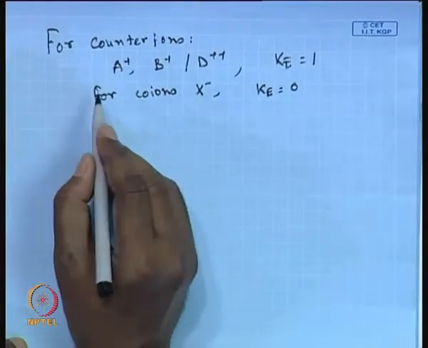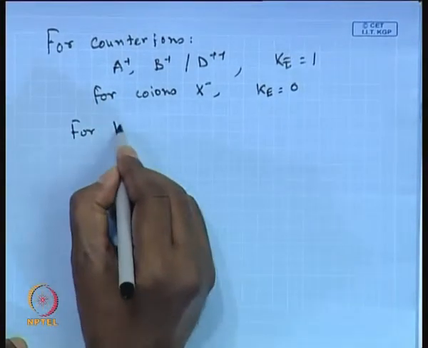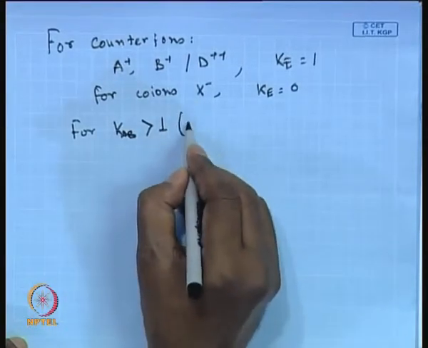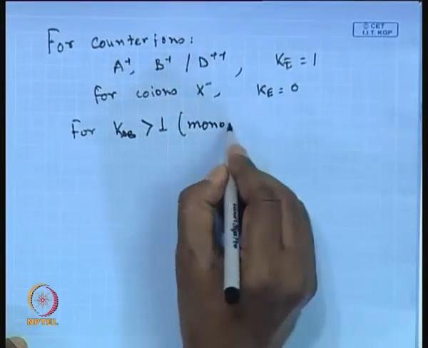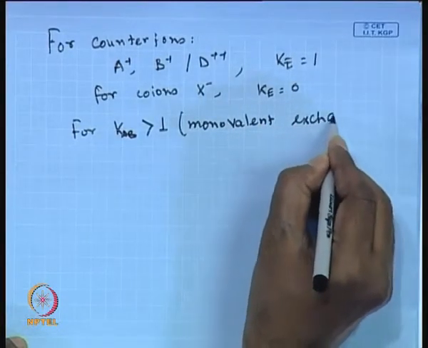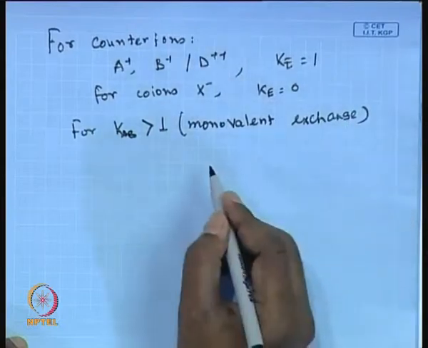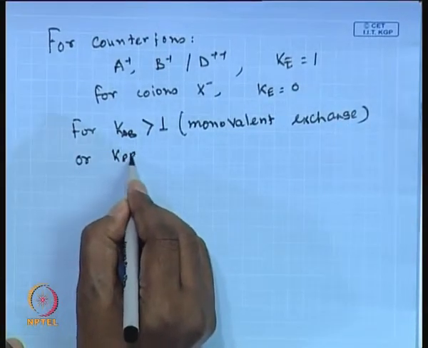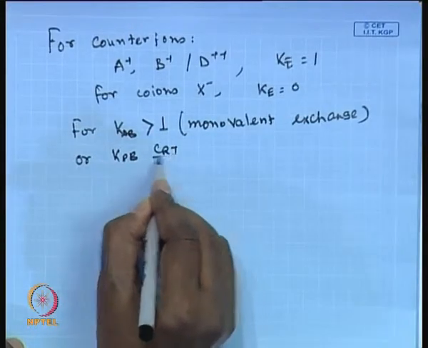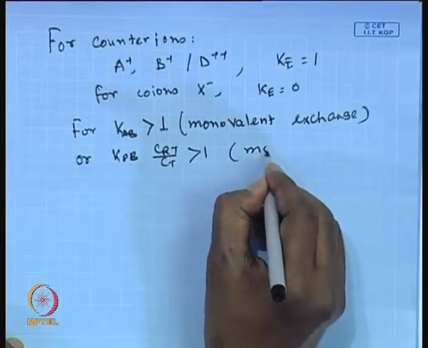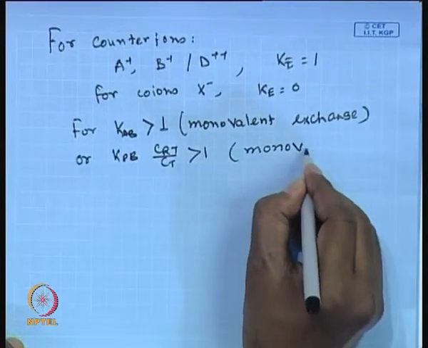For K A B, the equilibrium constant greater than 1, this is for the monovalent exchange. That means, you are exchanging a monovalent ion by a monovalent ion, or K D B multiplied by C R T over C T is greater than 1, that is for the monovalent divalent exchange.